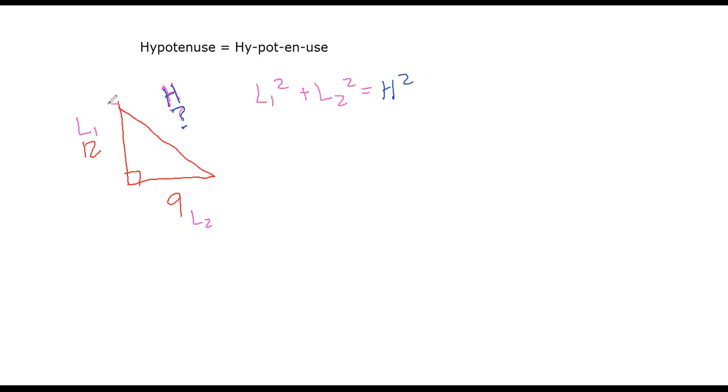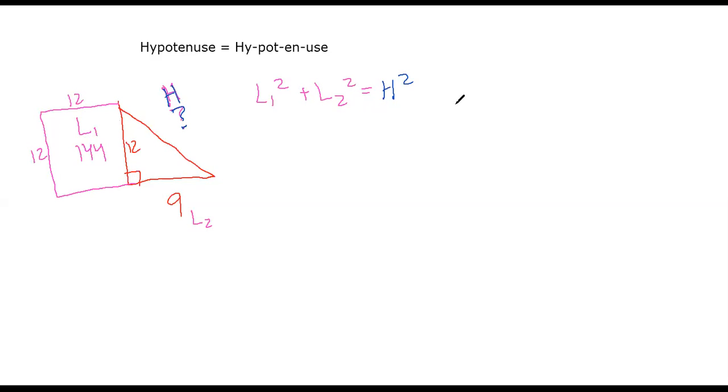So we draw the square. This side is 12, this side is 12. What is the area of the square? 144. So this was originally 12, and we get an area of the square being 144.